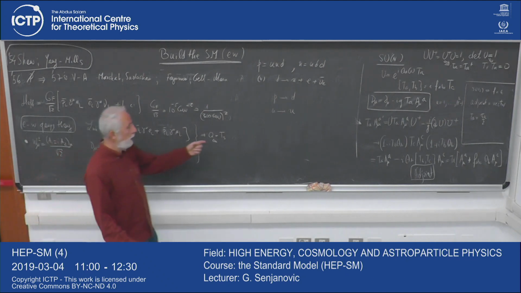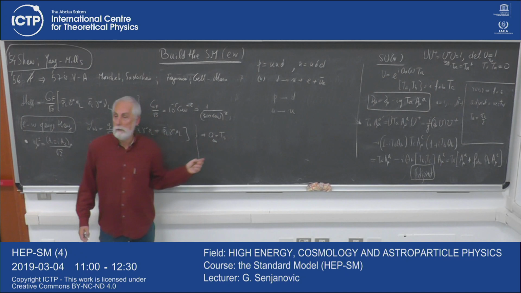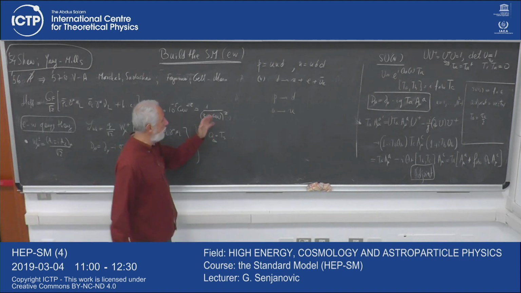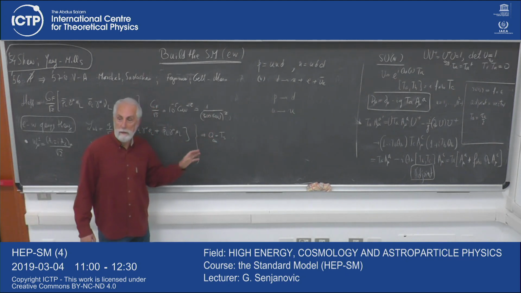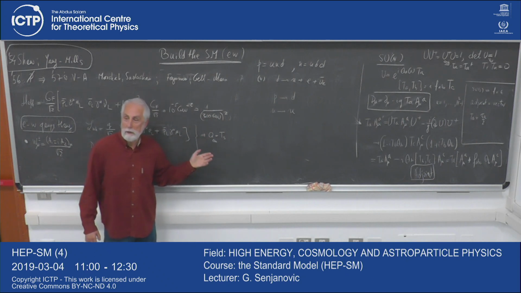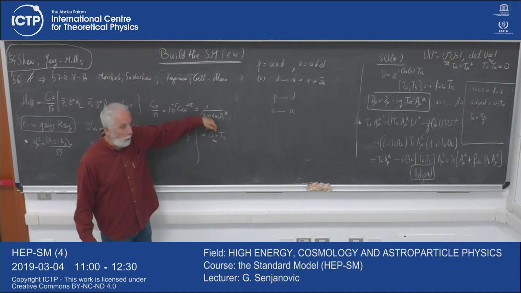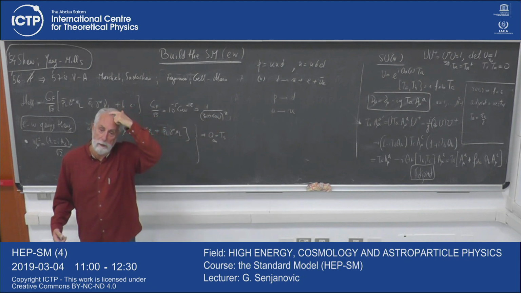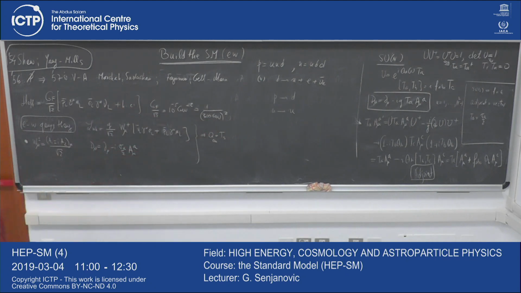There is just one neutral generator in SU2, which is T3 by convention, therefore Q is T3. You can multiply by something if you're worried that normalization may not come right. Doesn't matter whether you put an overall constant. The point here is that this is a traceless generator. The commutation relations guarantee us the property of SUN that this is traceless.